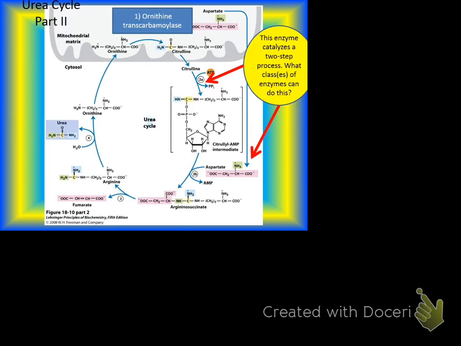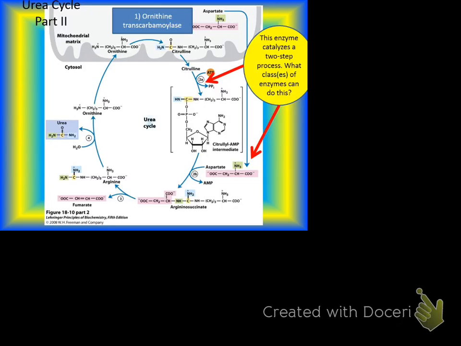So what class or classes of enzymes could this possibly be? Because we do utilize an ATP. So what are the possibilities here? A kinase, and what do kinases do? They add phosphates. Or a synthetase. So which one would make more sense to name it?